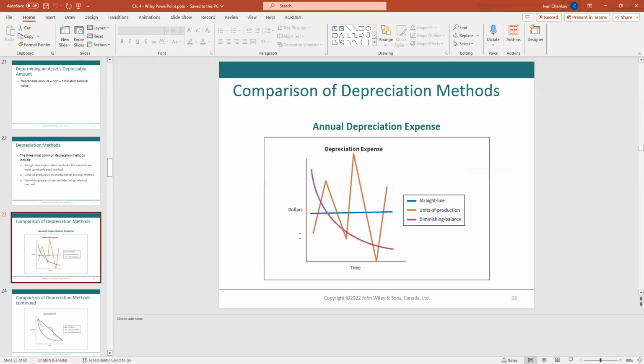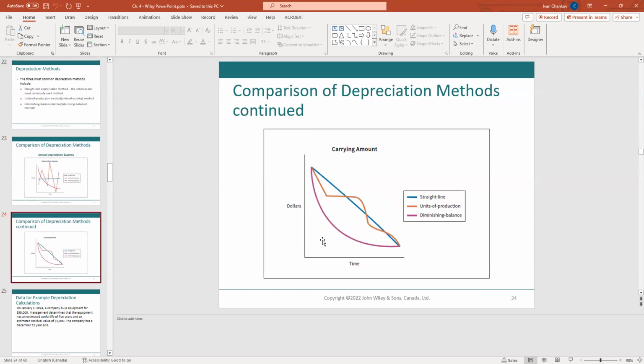Each method is going to produce a different depreciation expense. Straight line method is going to be the same amount year over year. Unit of production will always depend on how many units we produce, so it may fluctuate. And the diminishing balance, in the start of the asset's useful life, is going to have a huge amount, which slowly is going to get lower.